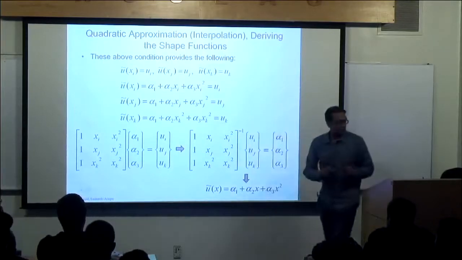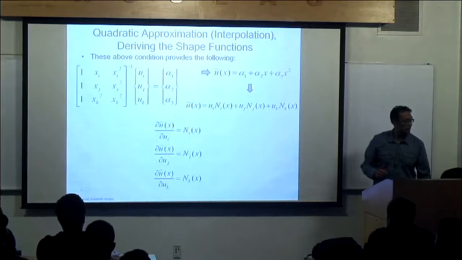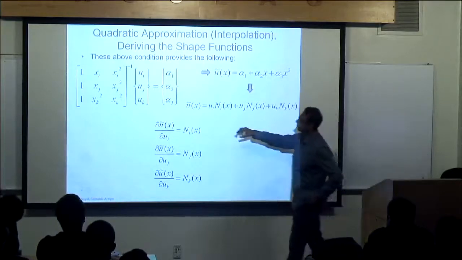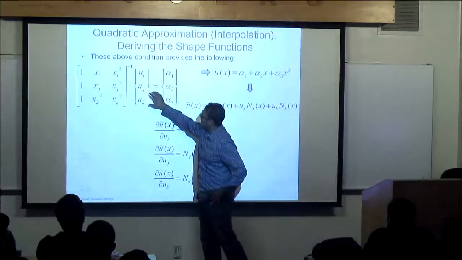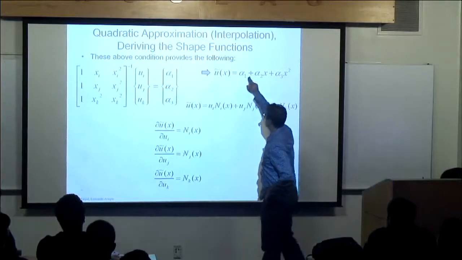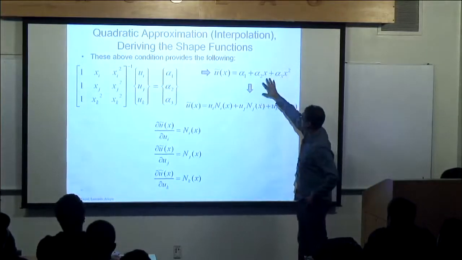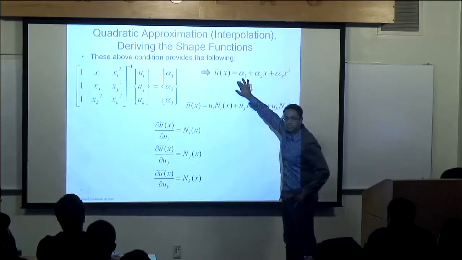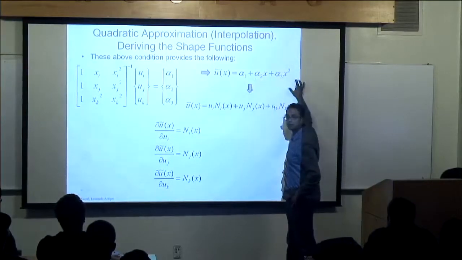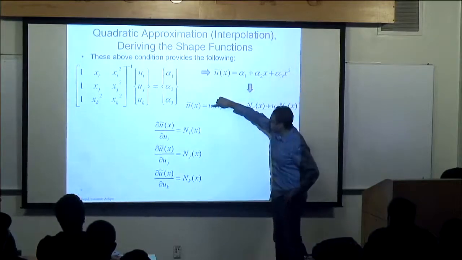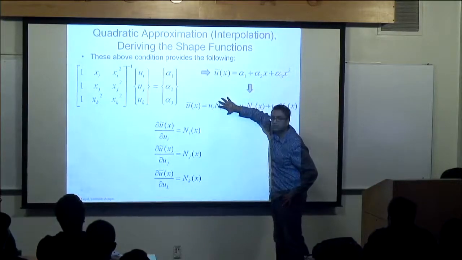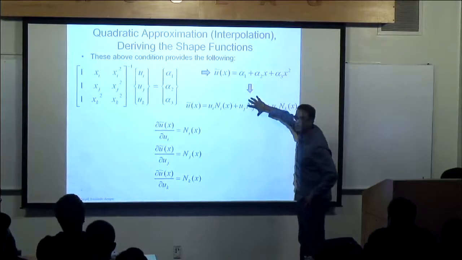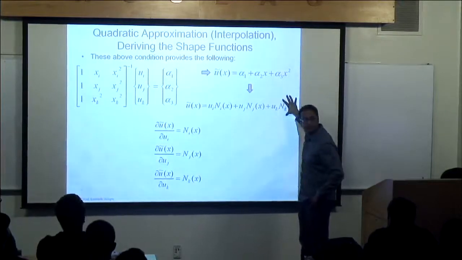Now, we can do that very succinctly. I take the inverse, I plug in alpha 1, alpha 2, alpha 3 here, okay? And then here, I will have what I really want after I plug it in: ui, whatever goes with that, plus uj, whatever goes with that, plus uk, whatever goes with that. Is that correct?